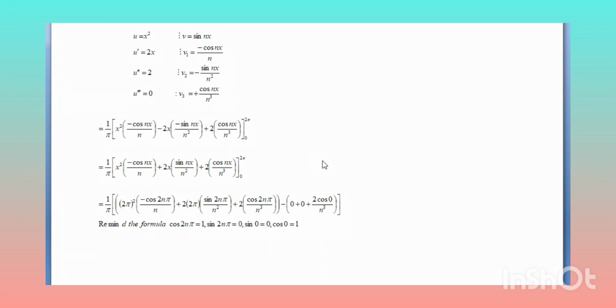So therefore 1 by pi, u v1 is x square into minus cos nx by n, minus u dash v2 is 2x into minus sin nx by n square, plus u double dash v3 is 2 into cos nx by n cube.